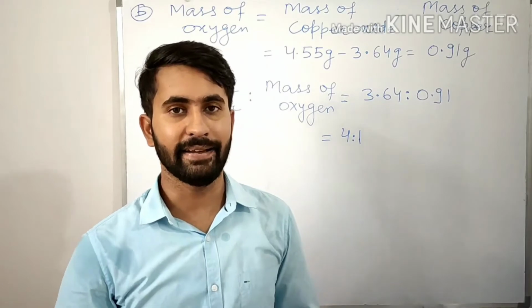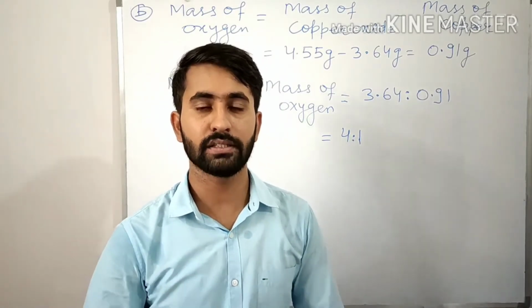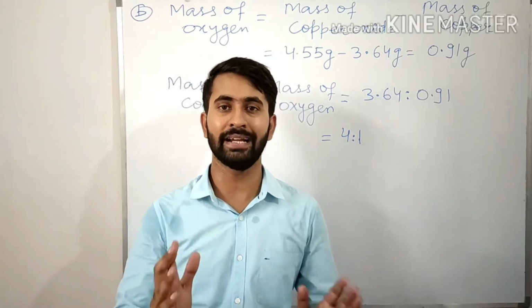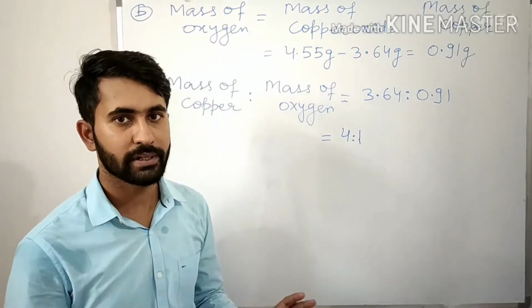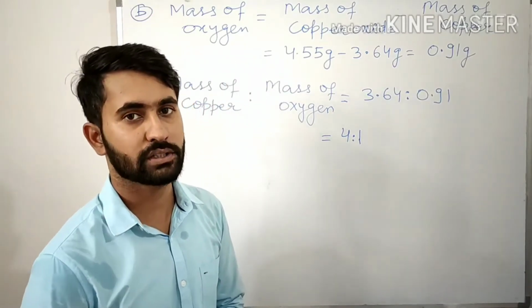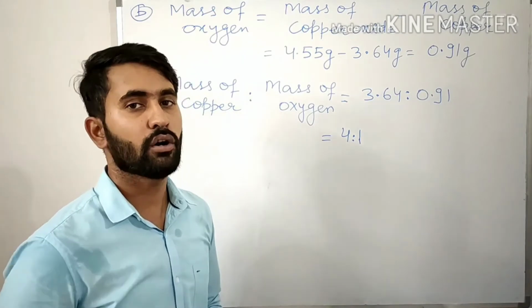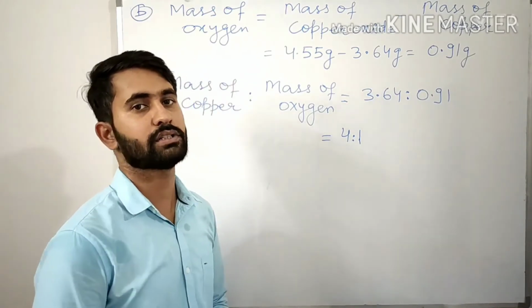Now in the second experiment, the copper oxide decomposes to form copper and oxygen. In the question, the mass of the copper formed is given and we have to find out the mass of oxygen. So we will use the law of conservation of mass to find the mass of oxygen.